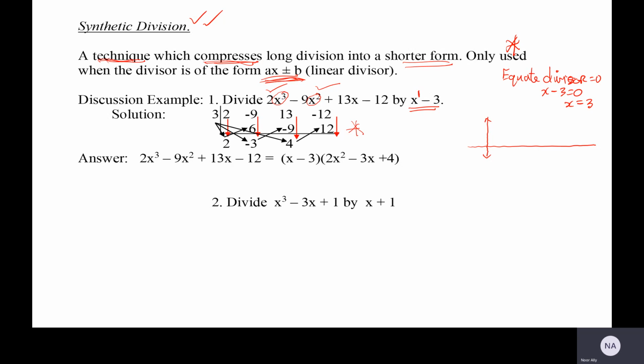The next power x squared, the coefficient is -9. The next power x. Now you take those coefficients written in decreasing order and write them down: 2, -9, 13, -12. On the left-hand side of this vertical line, you write down the value that made the divisor 0. So that's a 3.